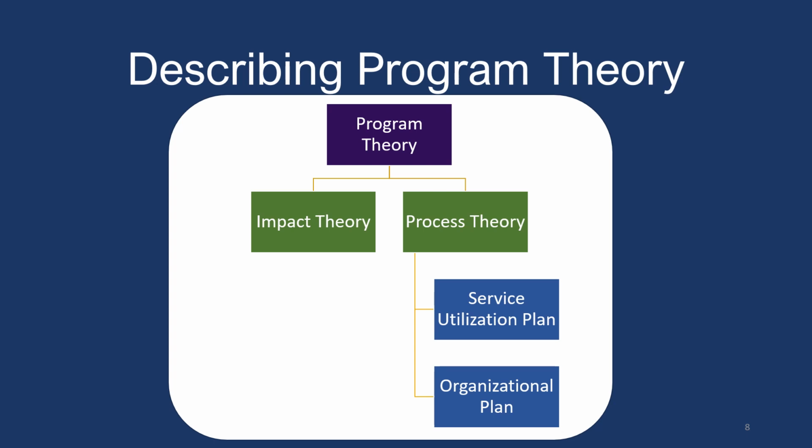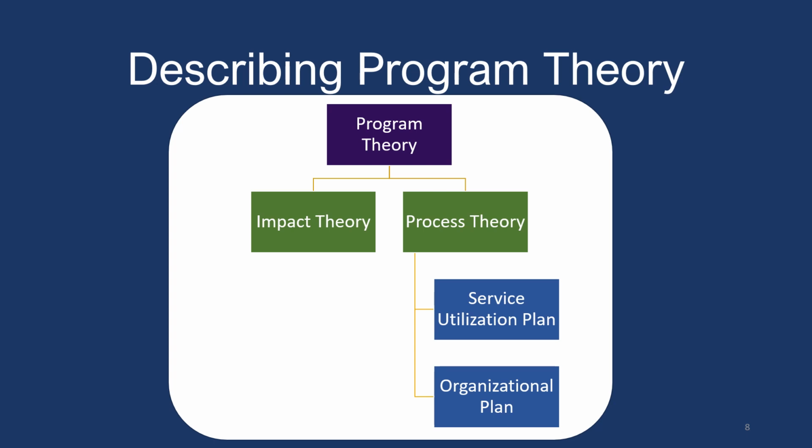Recall from earlier, a program's theory articulates why a program does what it does and why we can expect that this process will achieve specified outcomes. I kind of want to set us up to understand the interrelated concepts that can basically work together to form what we call program theory.